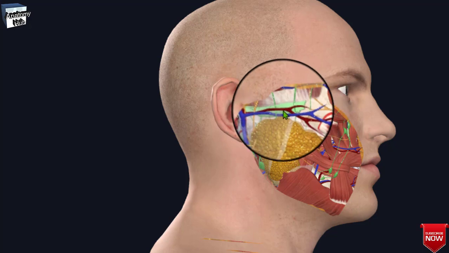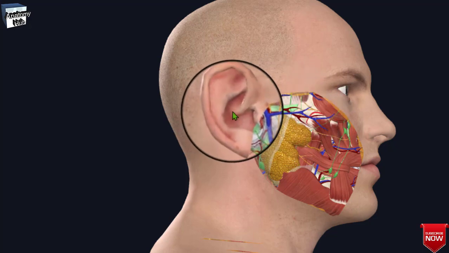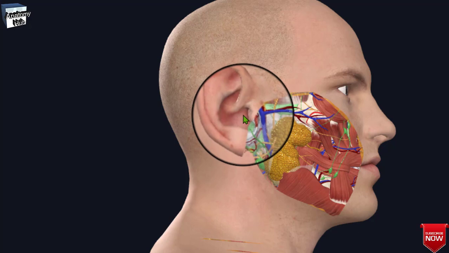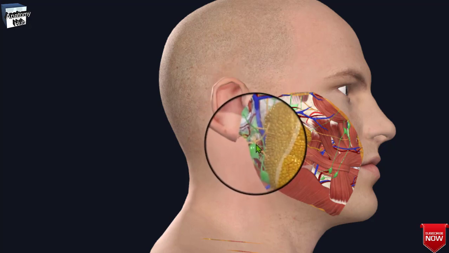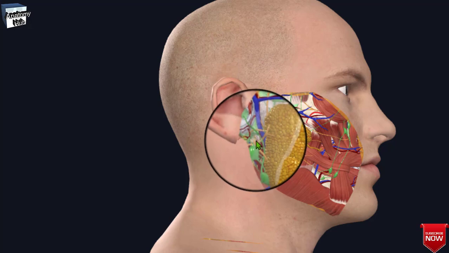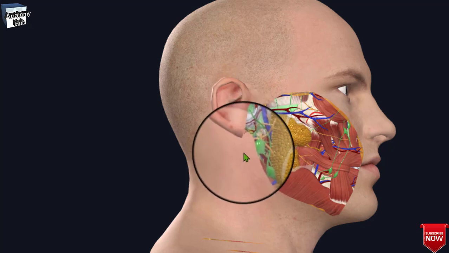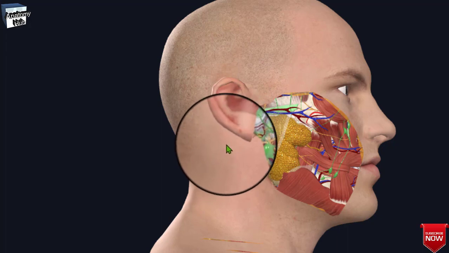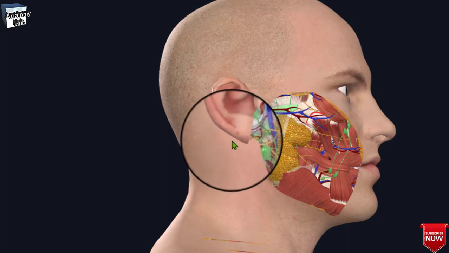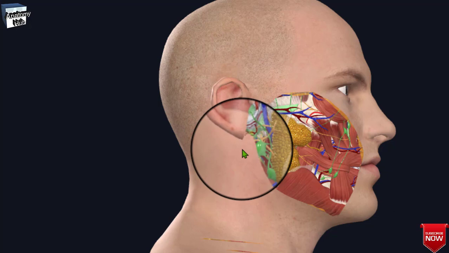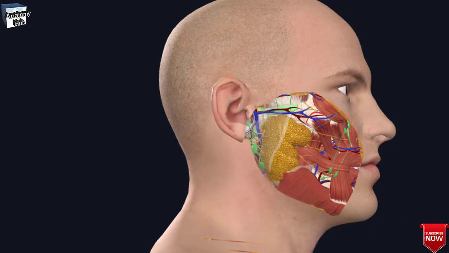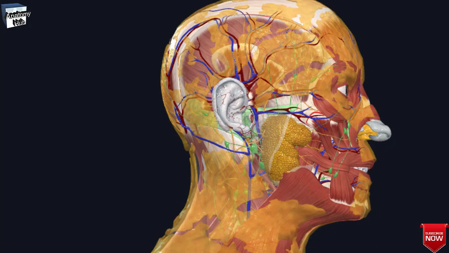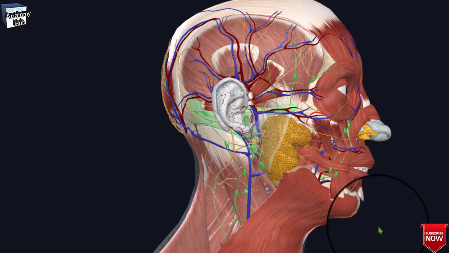Posterior superiorly you will find the external acoustic meatus and the ramus of the mandible that you can observe here, and posterior inferiorly the mastoid process, and the mastoid head of the sternocleidomastoid muscle that you can observe after removing the fat and the skin.